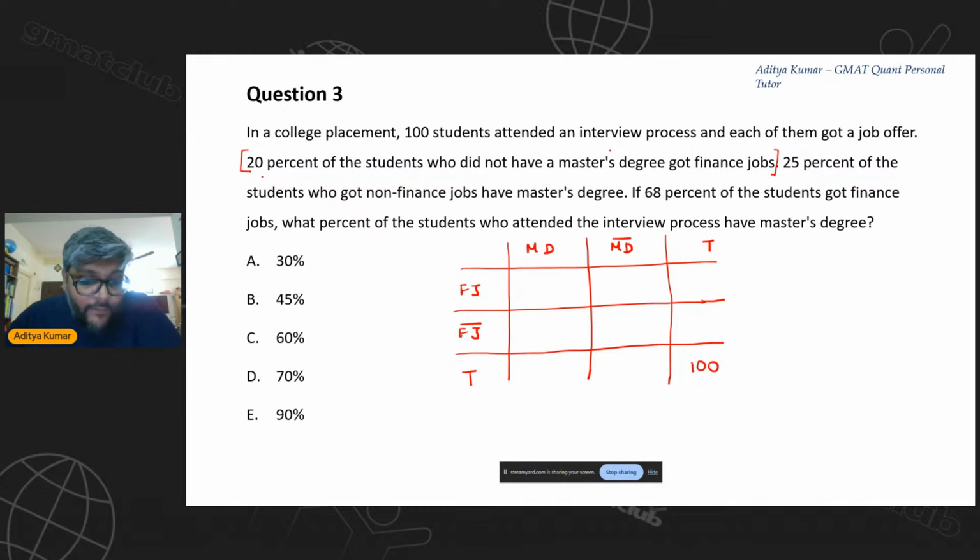Remember, if you're getting confused and putting percentages into the wrong blocks, a simple rule of thumb is to see what you're taking the percentage of. 20% of what? The students who did not have a master's degree. So the students who did not have a master's degree is this block. So they're telling me 20% of this block got finance jobs.